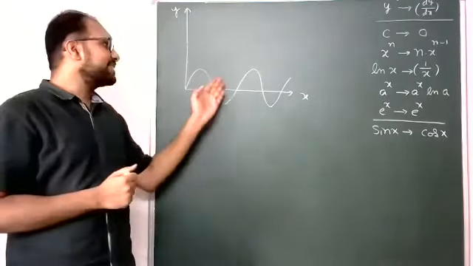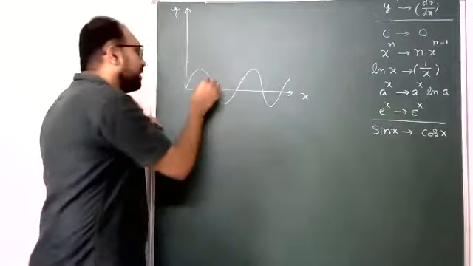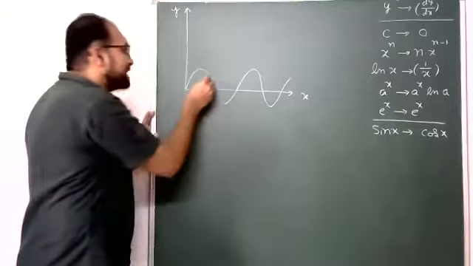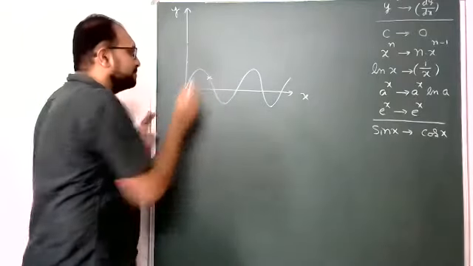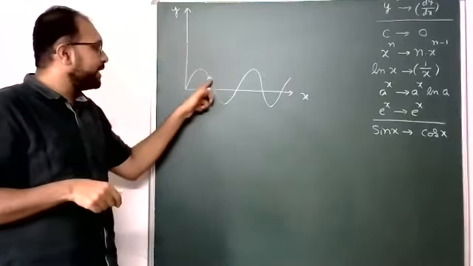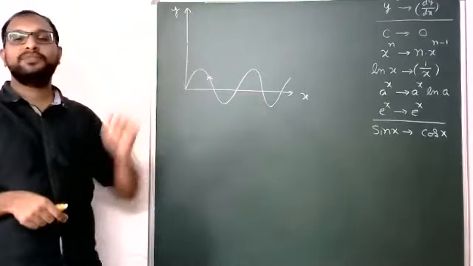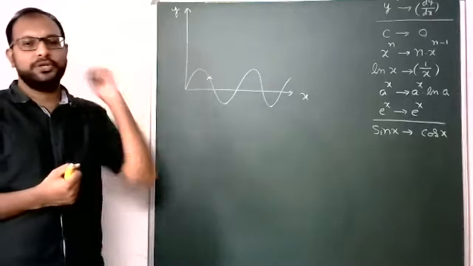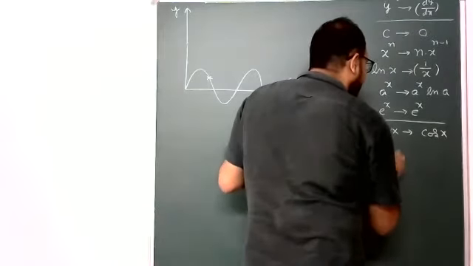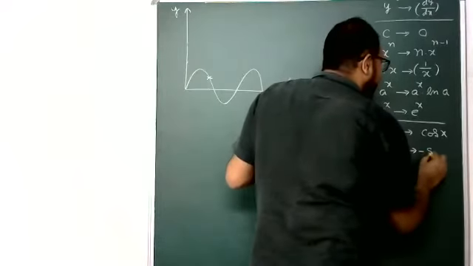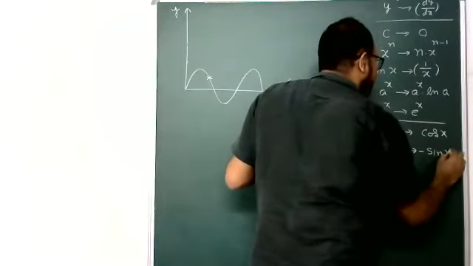Means slope of sin x. Suppose you need the slope at this particular point. At this point, for the derivative of sin x, you need to substitute this x value. Derivative of sin x is cos x, and in that cos x you need to substitute. Similarly, suppose the graph is cos x. Derivative is minus sin x.